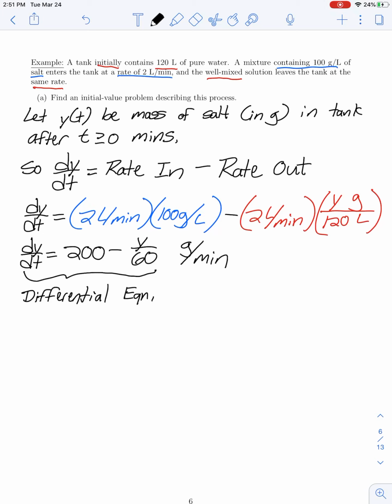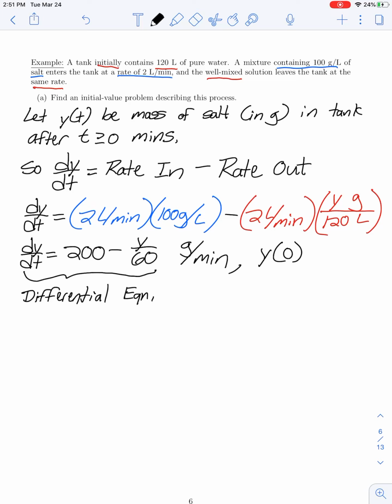Now recall, an initial value problem is a differential equation together with some initial condition. Now we already have our differential equation, and the initial condition comes from this statement that the tank initially contains 120 liters of pure water.